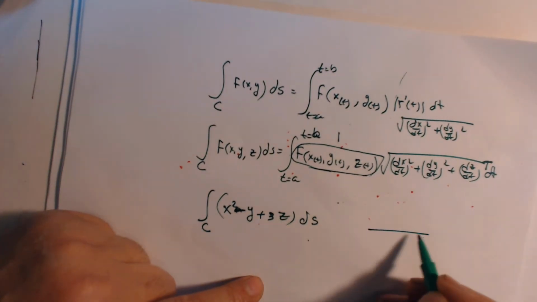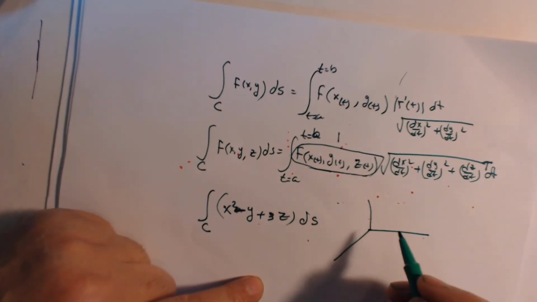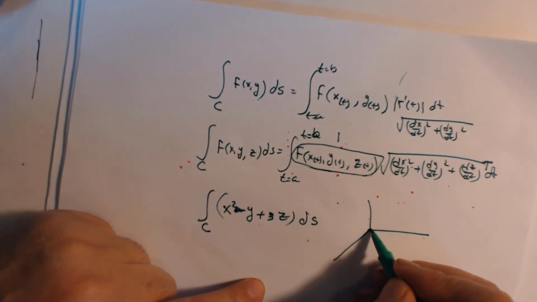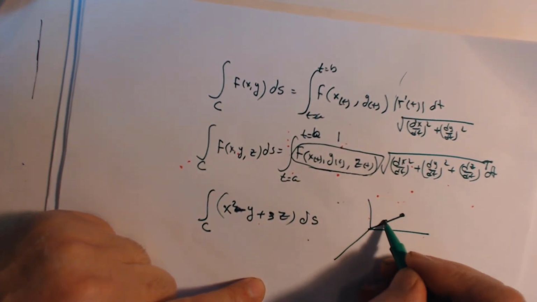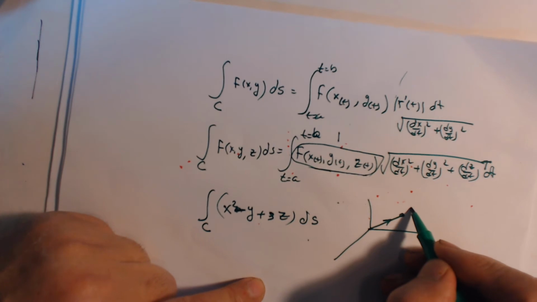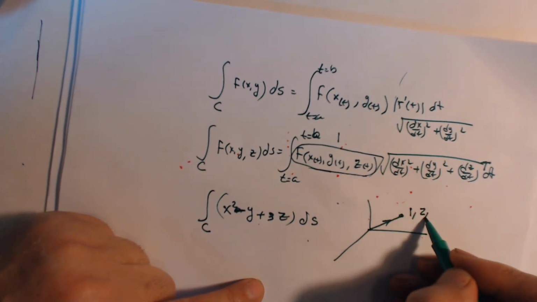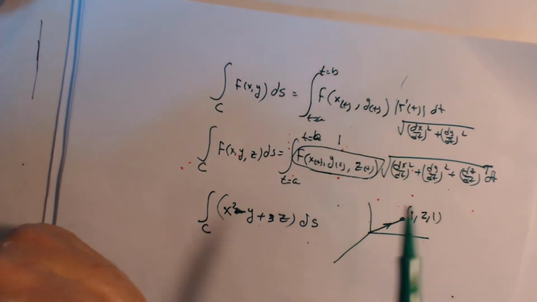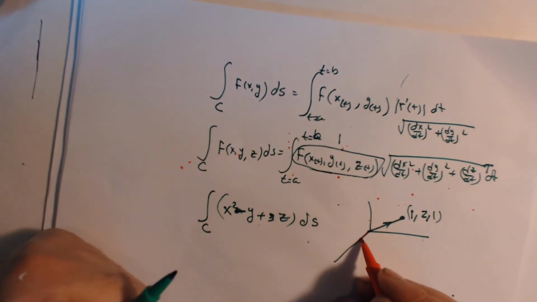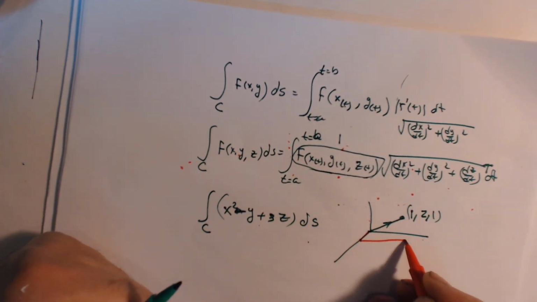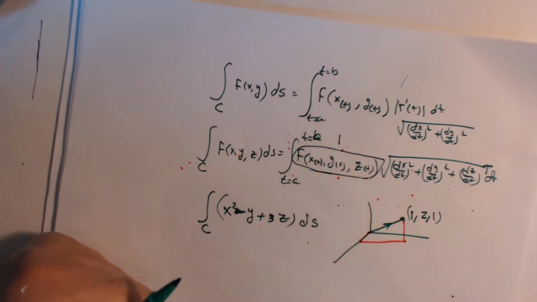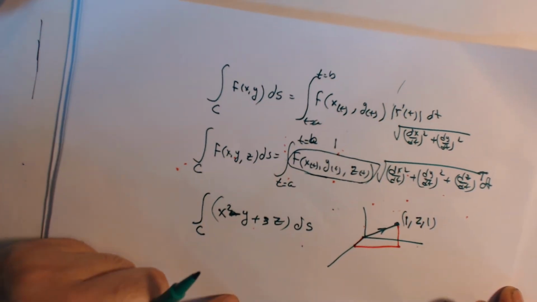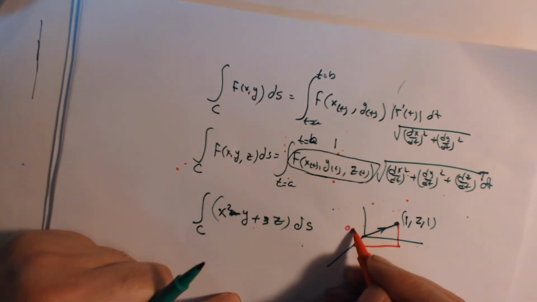I said my path, I'm going to make this one up, goes from here to here, and in here my x is 1, my y is 2, and my z is 1. What does that mean? It means you go 1 unit here, 2 units here, and 1 unit here. You get to that point. Therefore, this is my path from 0, 0, 0.